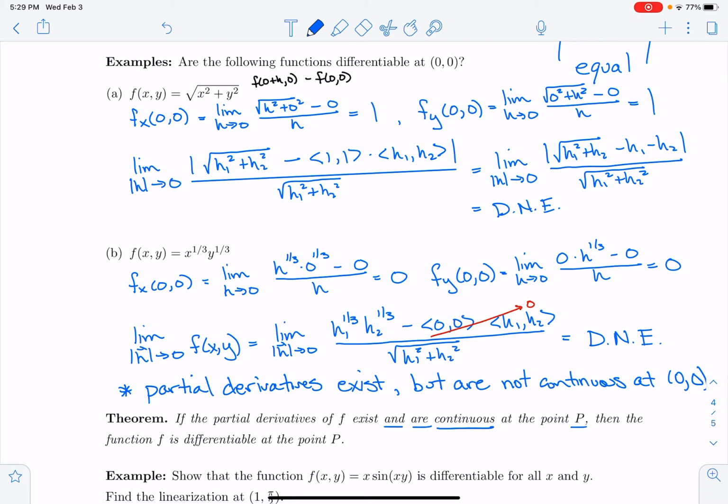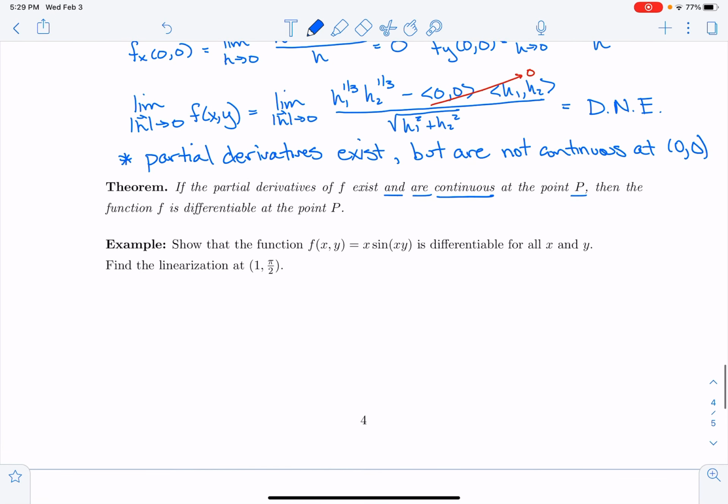There's a theorem that says that if the partial derivatives of f exist and are continuous, then the function is differentiable. So we can look at a function like, say, f of xy equals x times sine of xy, and ask, is that function differentiable? We can compute the partial derivatives with respect to x and y using the product rule.